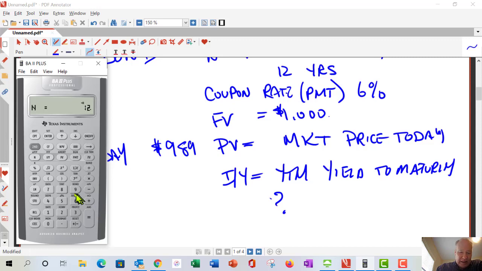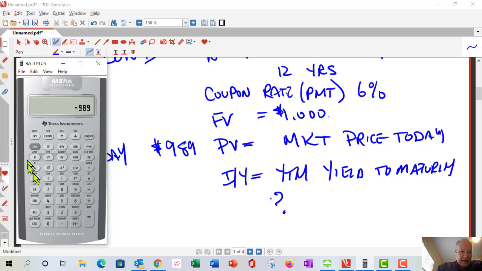That's $989. And this is important. Make sure you put the negative in here. You're buying the bond. It's an outflow. If you don't put the negative there, you'll get that dreaded error 5 message. So make sure you have a negative there. If you get an error, that might likely be the problem you have there. So make sure you have a negative in front of the present value, the purchase price of the bond.